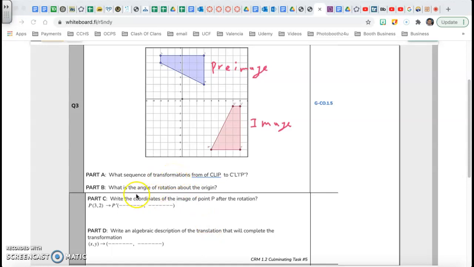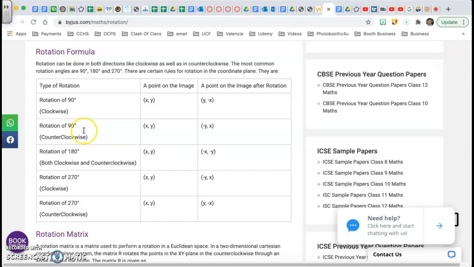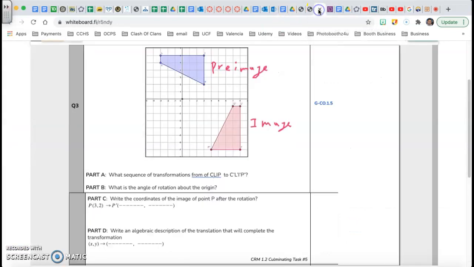Part B, what is the angle of rotation about the origin? I need to rotate this. Here's a table for easy quick reference: rotation 90 degrees, clockwise, counterclockwise. So right now I'm going to have a rotation of 270 degrees counterclockwise.